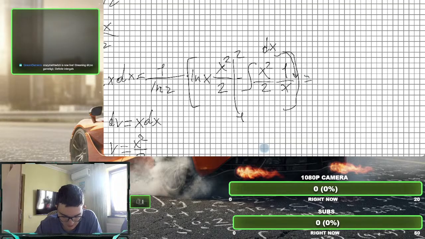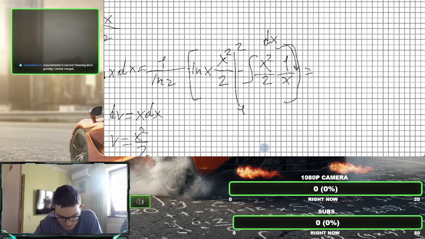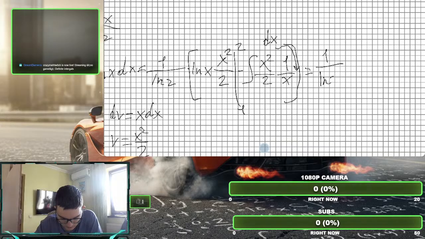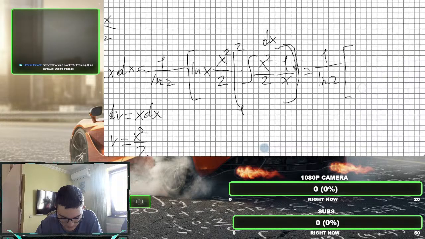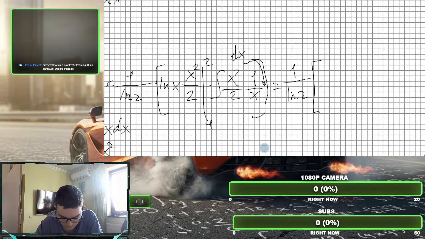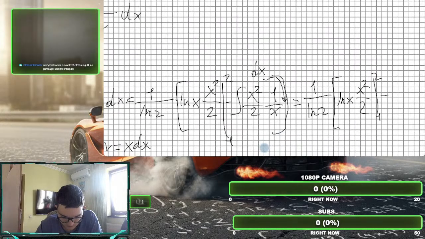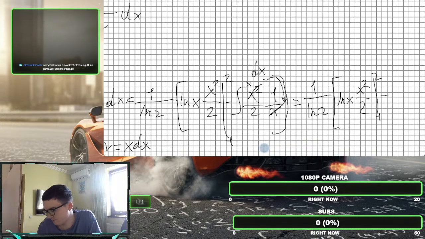Now going with equal here, and once again 1 divided by ln 2, opening this up. That I'll keep as it is, x to the second power divided by 2 from 1 to 2 minus, and there I can simplify this and this, and I would get x divided by 2, and I have to integrate x divided by 2.